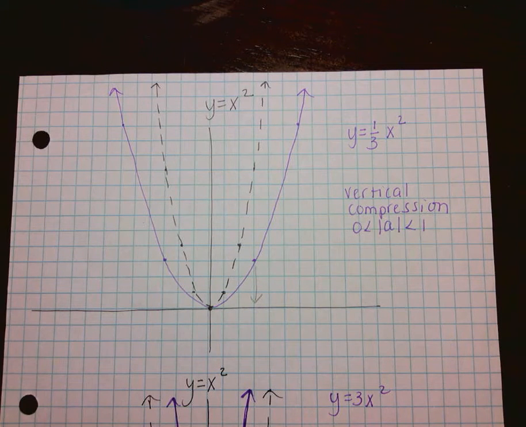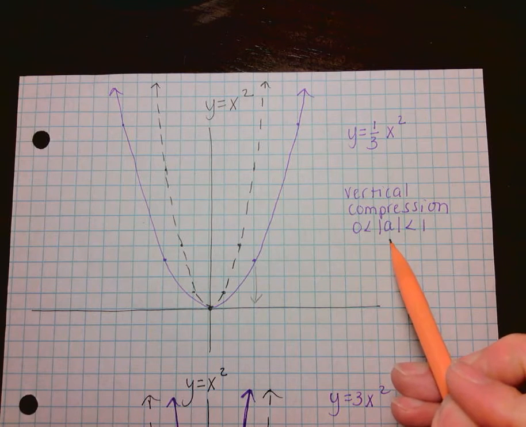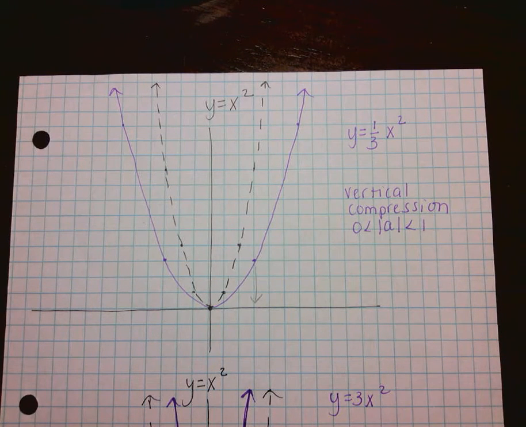Now notice I said the absolute value of a, because remember, the positive and negative sign of a only tells us if the graph is opening up or down. So if a is positive, the graph is opening up. If a is negative, the graph is opening down.